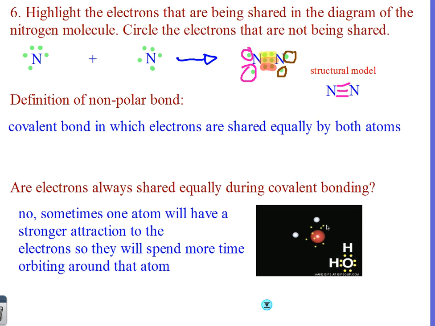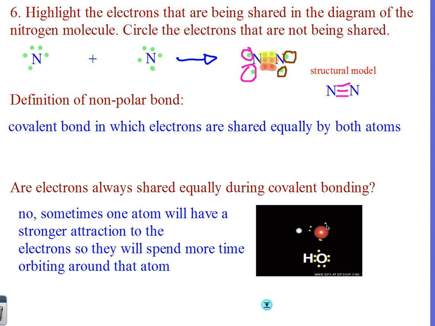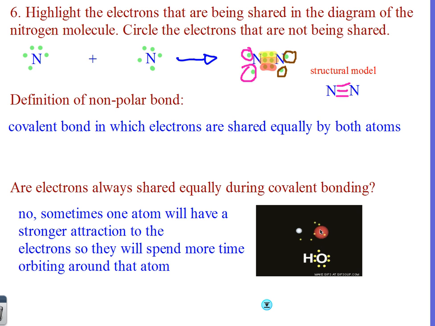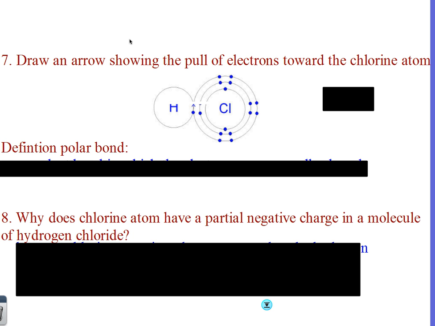So it looks to the rest of the world as though it's just a little proton sitting there, so it's a little bit positive. And this guy is a little bit negative because it has those electrons all orbiting it, and so it looks like it has more electrons than protons for a little bit.